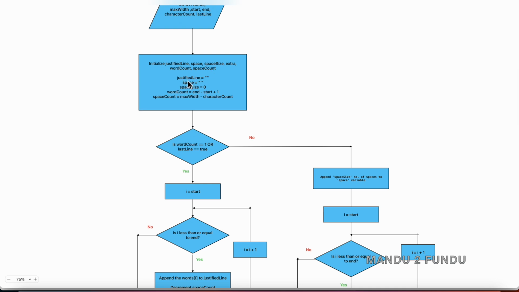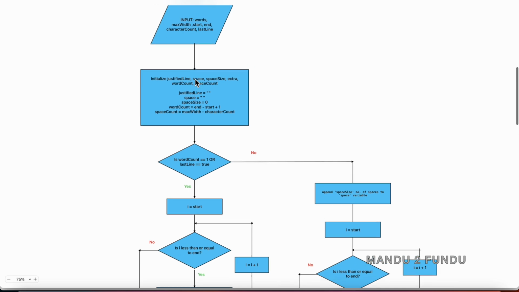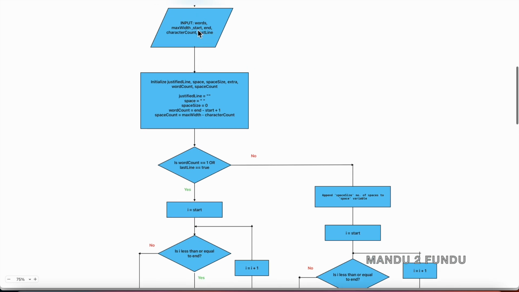So the justified line is empty string, space is an empty string, and space size is initialized with 0. Word count is computed by subtracting start from the end pointer and add 1. Okay, and then the space count will be computed by subtracting character count from the max width.